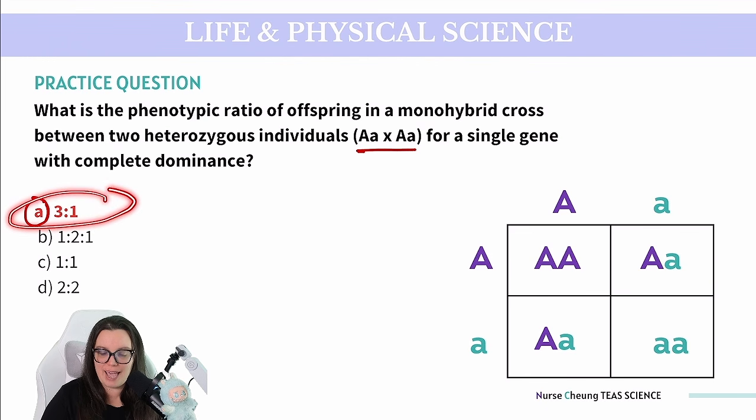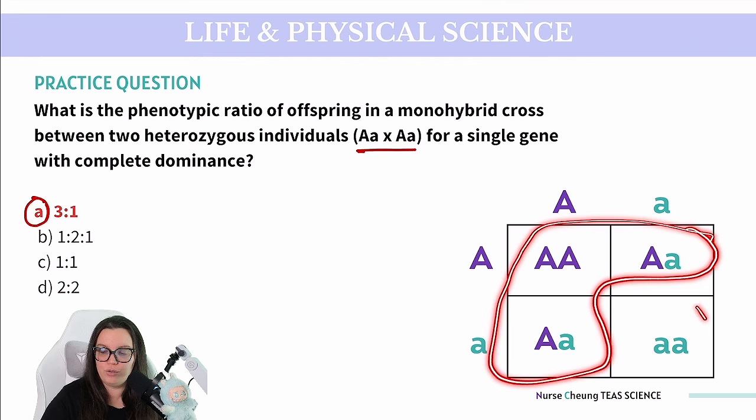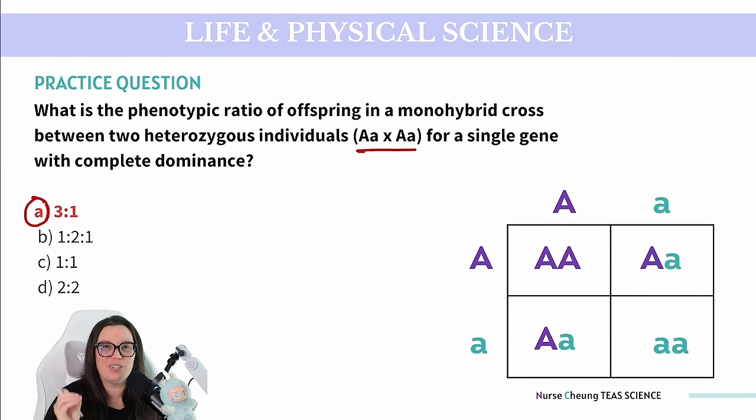So that would make A the correct answer, meaning that there is a 3-to-1 chance of our phenotypic types of offspring. Looking at our other answer options, we have 1 to 2 to 1. So this is actually our genotype ratio, where we have one genotype that's completely dominant. We have 2 genotypes that carry both a dominant and recessive allele, and 1 genotype that's completely recessive.